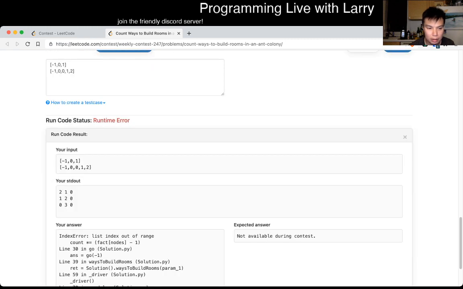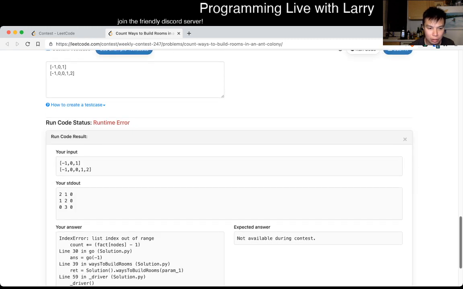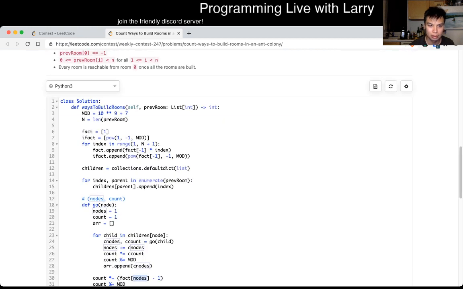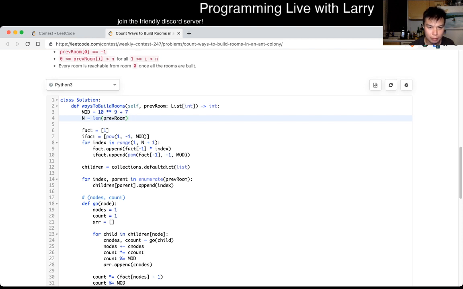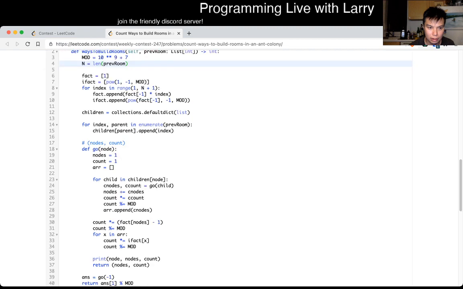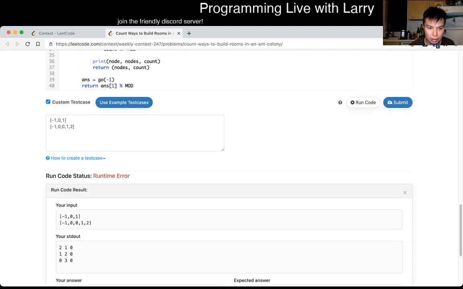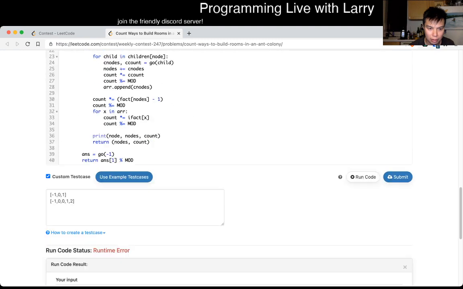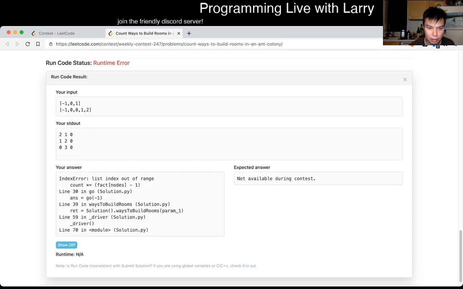Tell me why. 0, 1, 2. Okay, that makes sense, actually. What? But n is 3. N is 4, so this does up to 3. So it's. Wait, what? What?